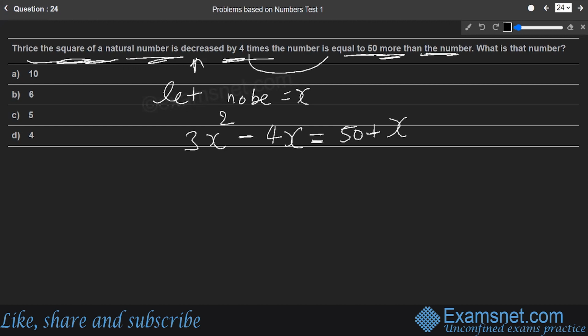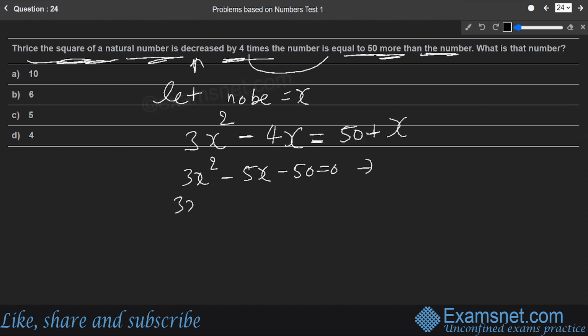So this is how we can generate the expression, and then we can make this a proper equation and solve. It becomes 3x square minus 4x minus x, that is minus 5x, minus 50 is equal to 0. That is the equation we have. Now this equation can be solved in multiple ways, by using Shridharacharya's formula, or by factorization.